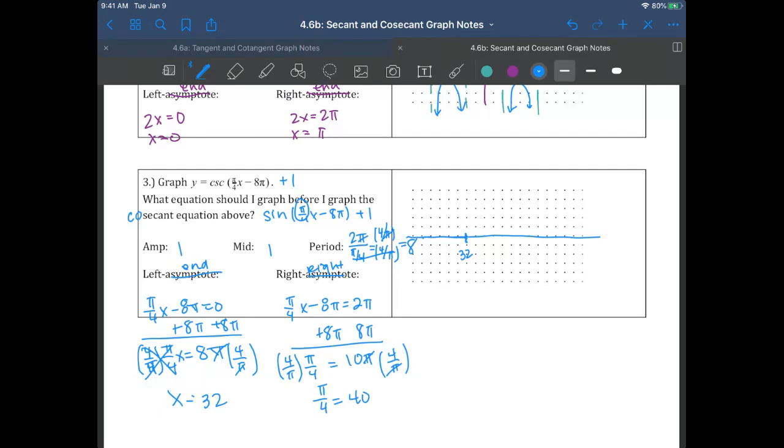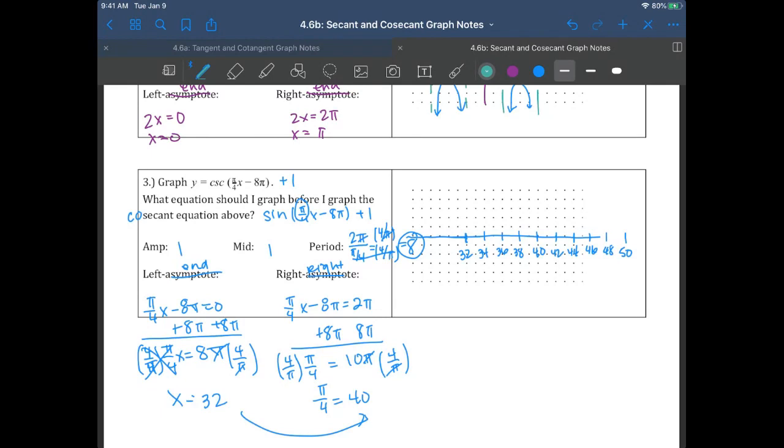And then I need to split up 32. So 8 units happen between 32 and 40. So I'm going to split this up by 2: 34, 36, 38, 40, 42, 44, 46, 48, 50. All right.